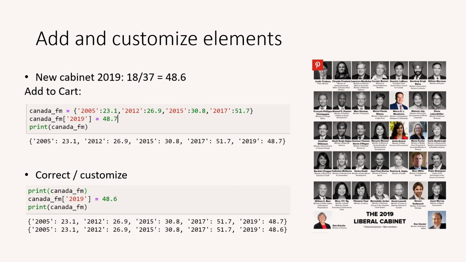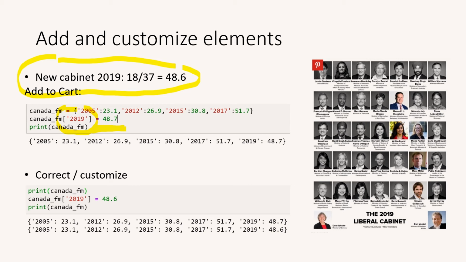Now, obviously, we can also add and customize single elements of values within a dictionary, the same as we can do with lists. If we want to create a new key with a new value inside of it, we do this by accessing the dictionary. We tell Python, please create a new key in our dictionary called 2019, and we want to store the value of 48.7. Now let's imagine the actual result is 48.6, so we made a mistake.